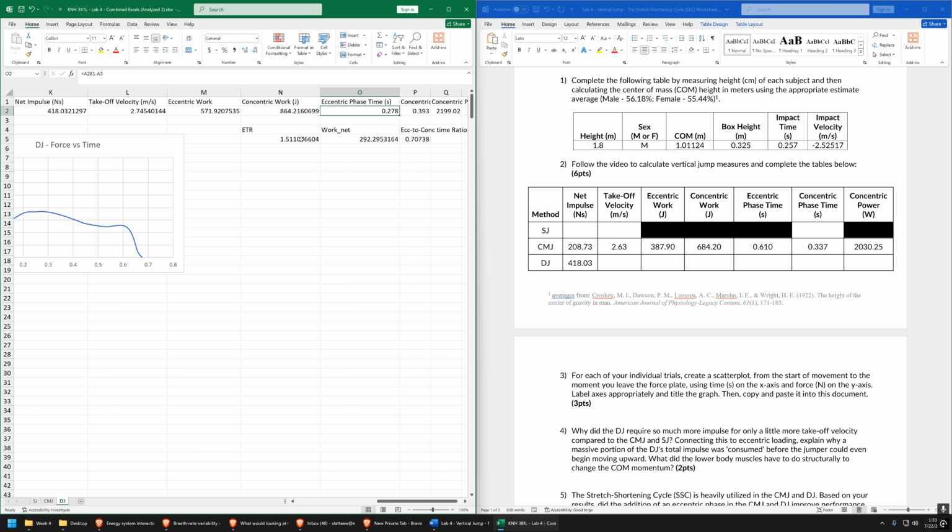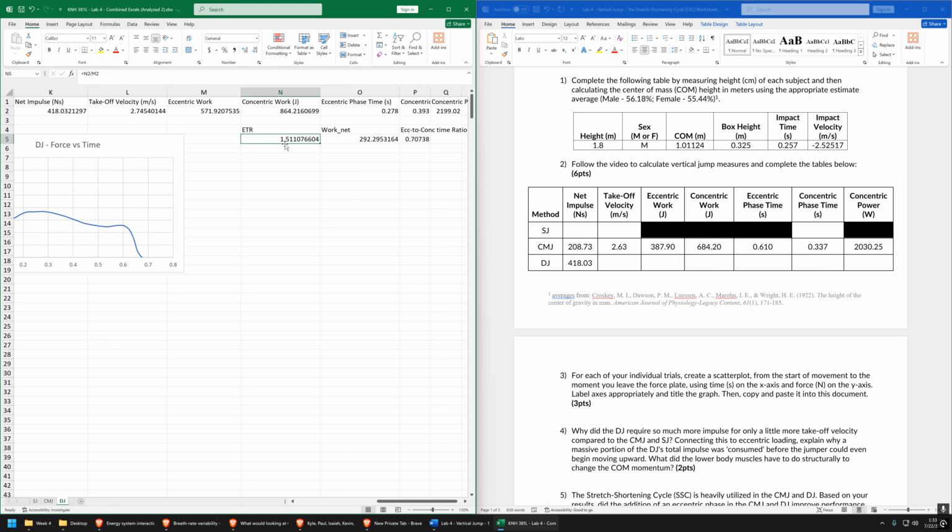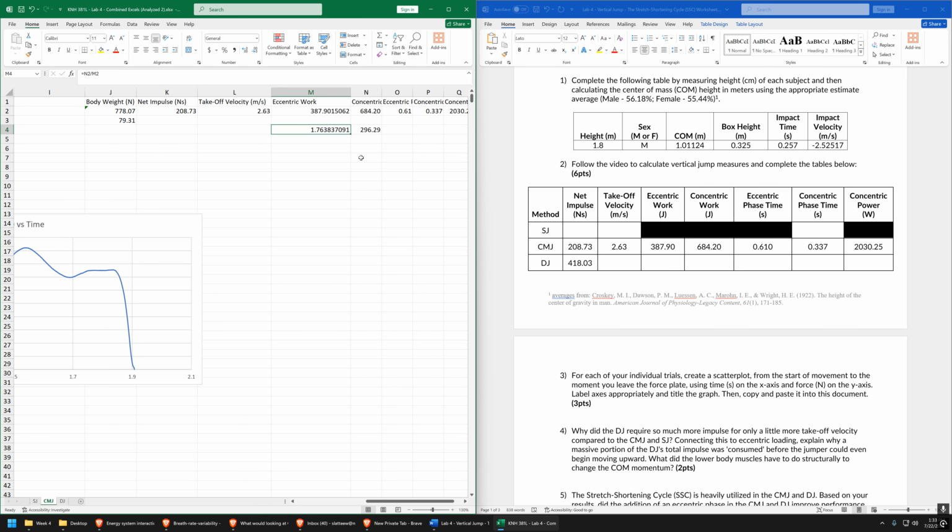So the rest comes down to energy transfer and how much energy was available. Energy transfer, concentric divided by eccentric, is 1.76 versus 1.51. So it looks like the counter-movement jump was much better in its energy transfer rate.